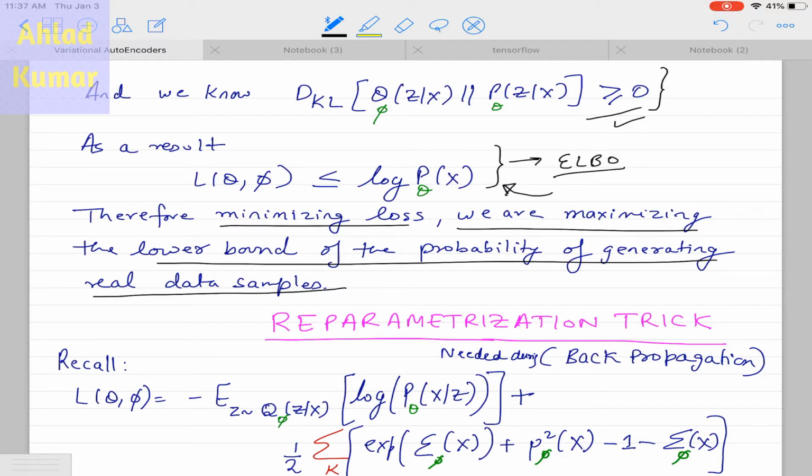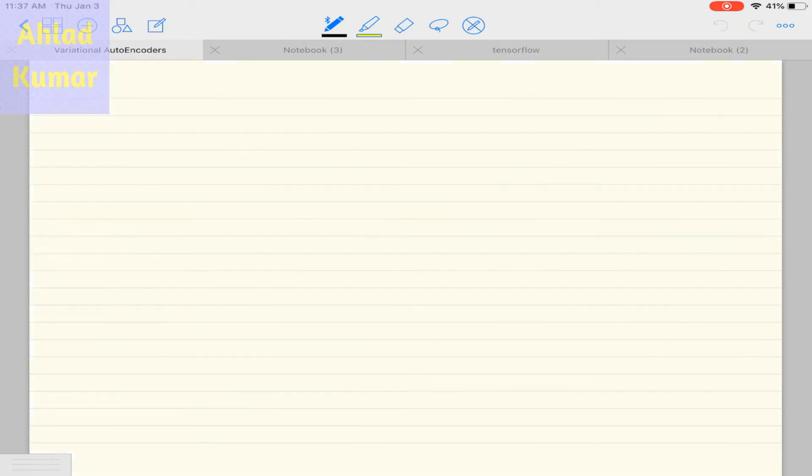One important thing to keep in mind during the optimization of these parameters theta star and phi star is the derivative involved in doing so. Let's say you are optimizing theta star and phi star as argmin over theta, phi, where the loss is a function of theta and phi.